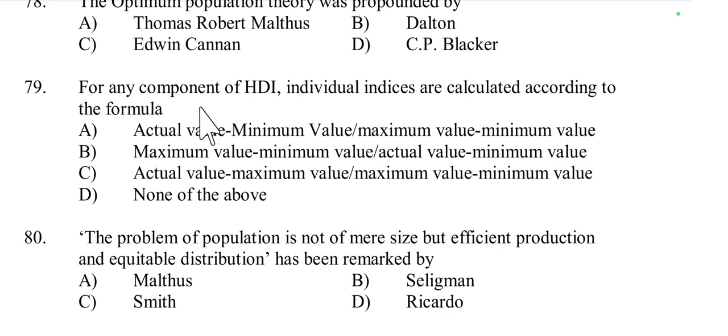For any component of the Human Development Index, individual indices are calculated as actual value minus minimum value divided by maximum value minus minimum value. So option A is the right answer, because this normalizes values between 0 and 1 for each HDI component, like health, education or income.